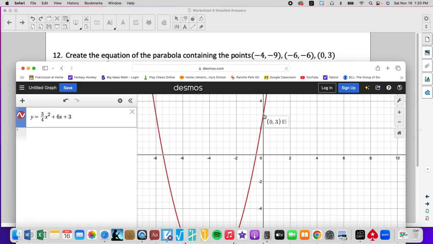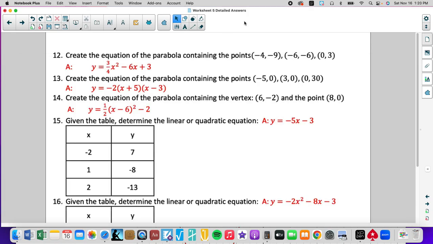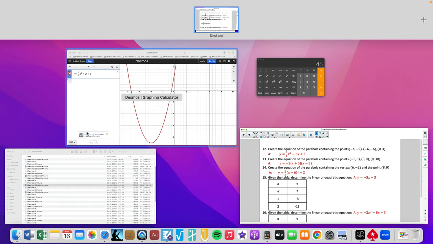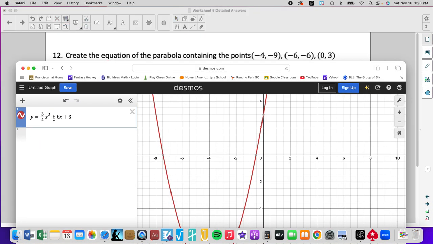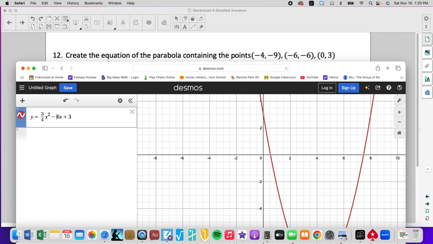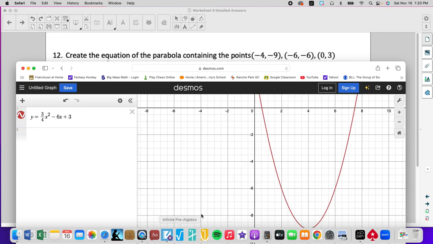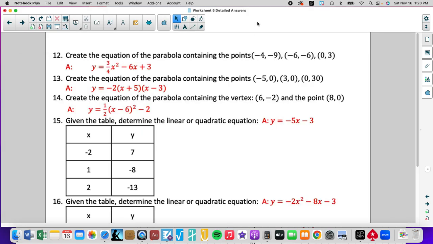Theirs is wrong. Because if you put a negative, like they have, let's see what it does to the graph. Yeah, it shifts it all the way over. And negative 4, negative 9 would not be a solution. You are wrong. That is incorrect. I mean, do these people not even check?